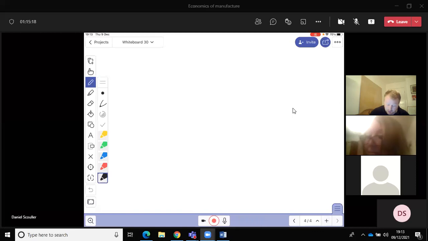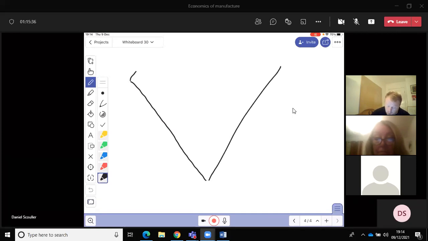So this is a good one. This is a common one. This is when they give you, I'll try my best to draw this, a shape like this. And then they'll have a bit cut out like that.